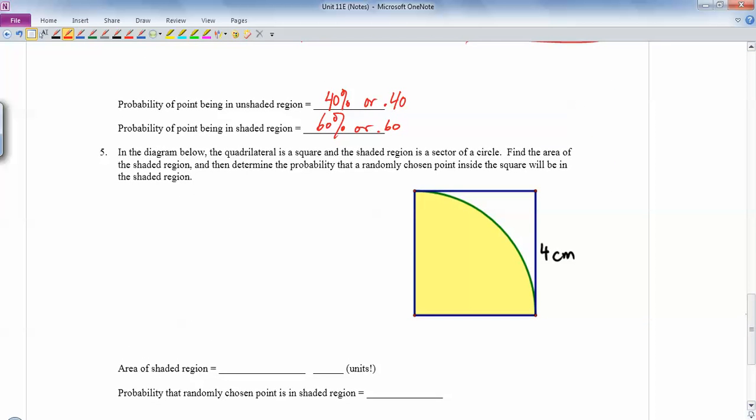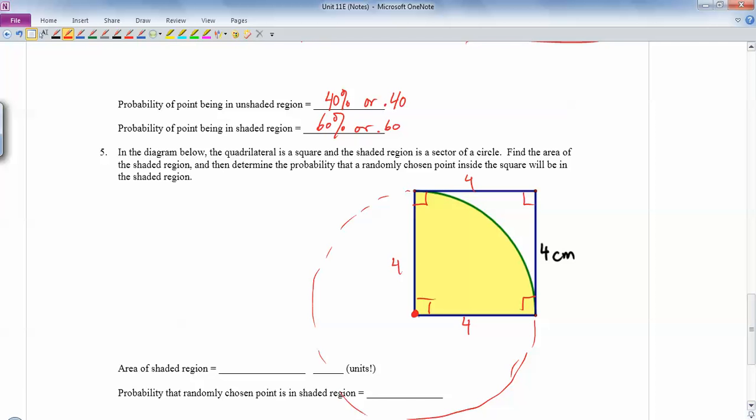Let's do the very last one here. The quadrilateral is a square, so if one side's 4, they're all 4. And all angles are right angles. And let's see, what else? And the shaded region is a sector of a circle, which means this guy right here is the center point of the circle. So you could kind of picture that the circle would look like this, right?